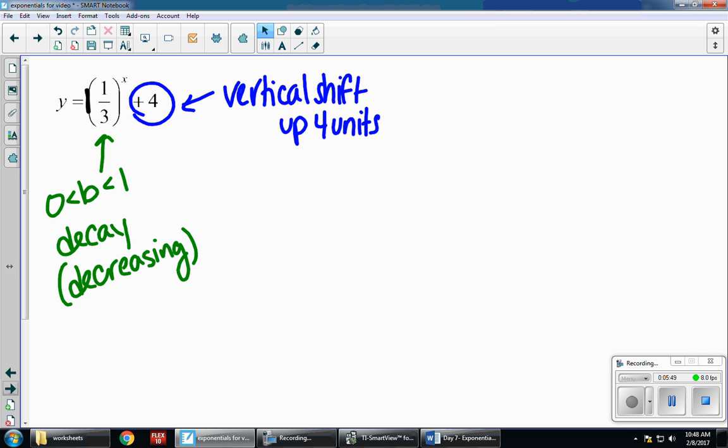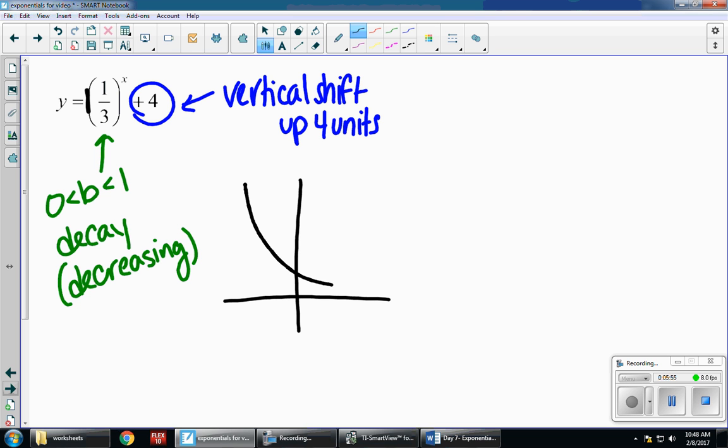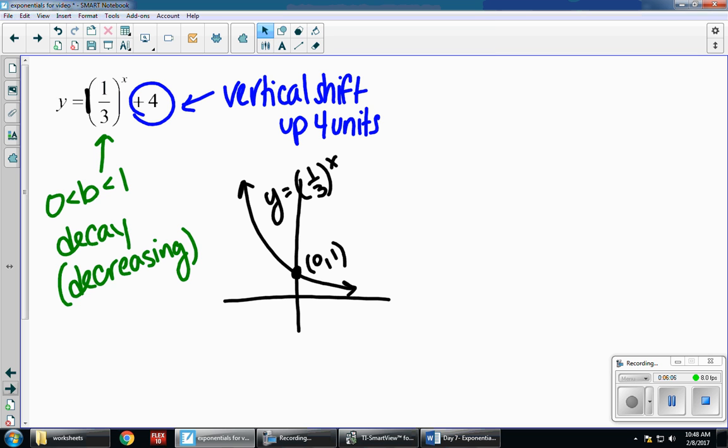So I'm going to draw a quick sketch for you of what the original function would look like before we had a shift. So here's my function. Y equals 1/3 to the x. So what's going to happen here is this whole entire picture, the graph, the y-intercept, the asymptote, which is still there, which I didn't sketch in, but I'll show you now.